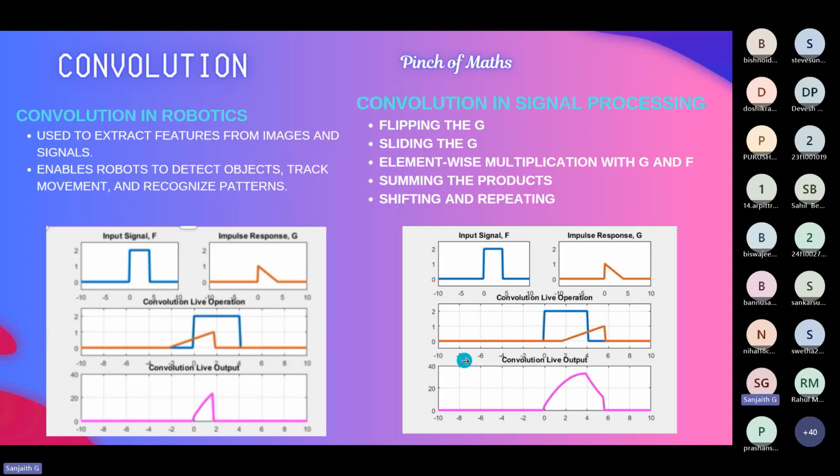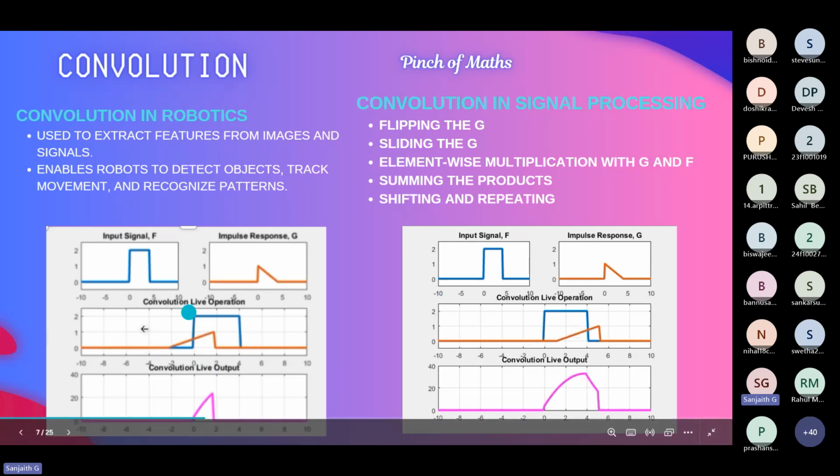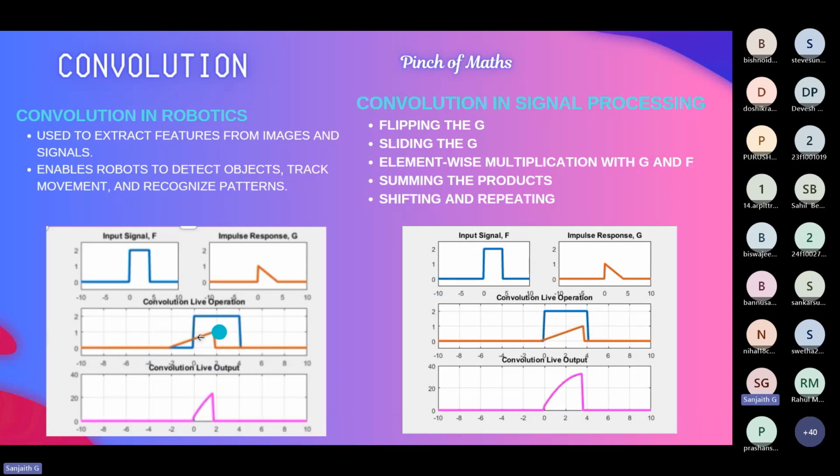To summarize the process: first we flip the impulse response, then we slide the impulse response from minus infinity to plus infinity, and at each instant we do element wise multiplication with the corresponding x coordinates and sum up the products.